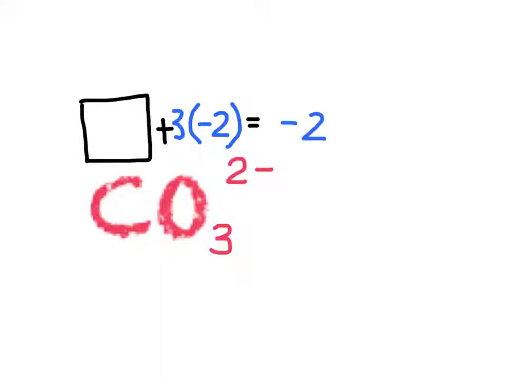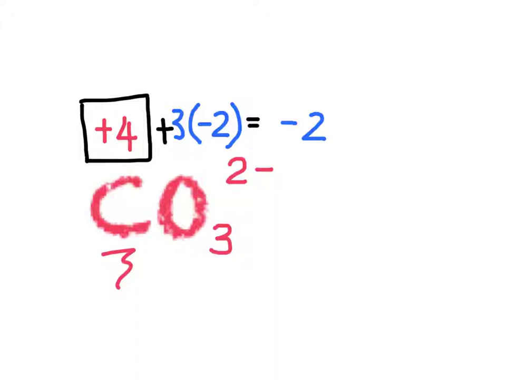So if we've got the -6 contributed from oxygen and the total needs to be -2, a total of +4 must have been contributed from carbon, which means the oxidation number of carbon in the carbonate ion must be +4.